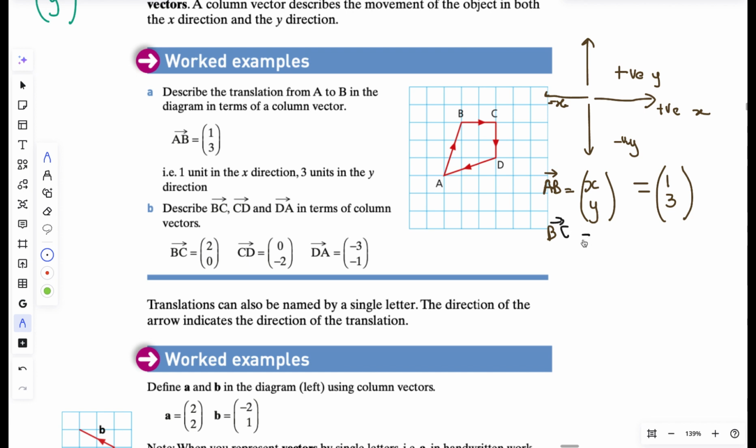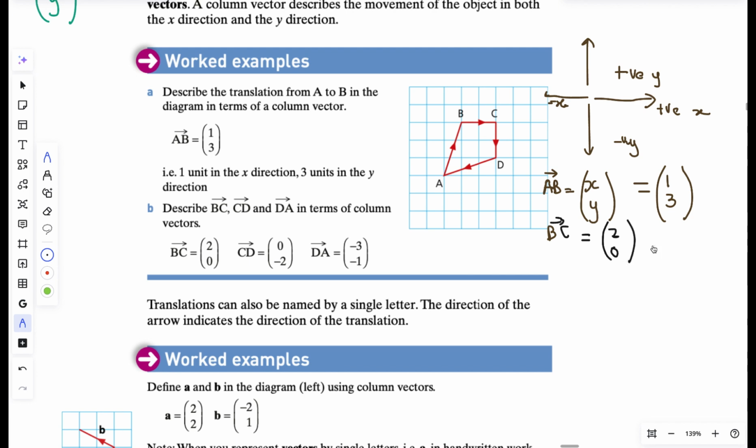You see, it moves horizontally. How many boxes? It moves 2 boxes, 1, 2. So for the x-axis value, we write 2. Then for the y value, it didn't go up, it didn't go down, so it's 0. So our vector BC is (2, 0).